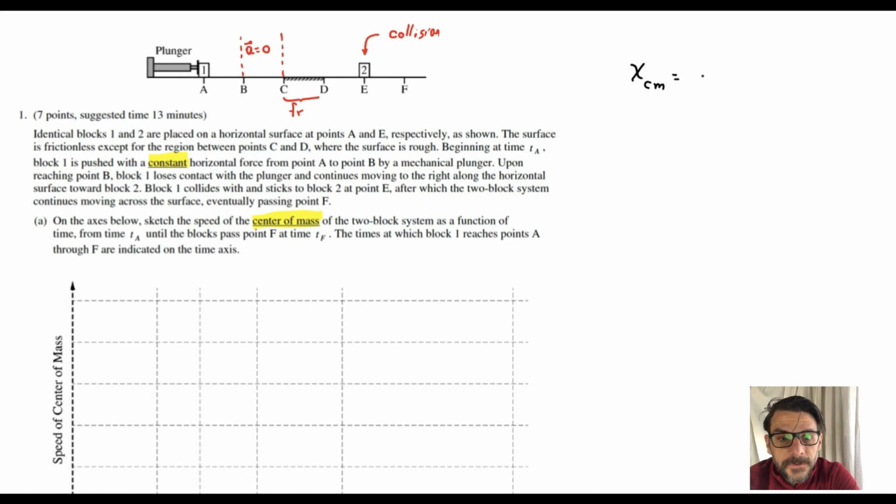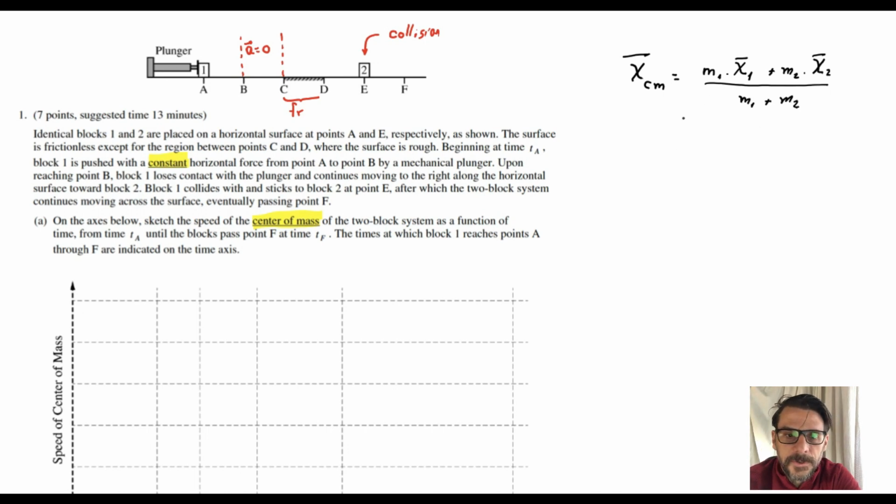So the position of the center of mass of the system, labeled as xcm, will be, and this applies in any situation, mass 1 multiplied by the position of the first object, plus the mass of the second object multiplied by the position of the second object, divided by the total mass, let's say mass 1 plus mass 2.